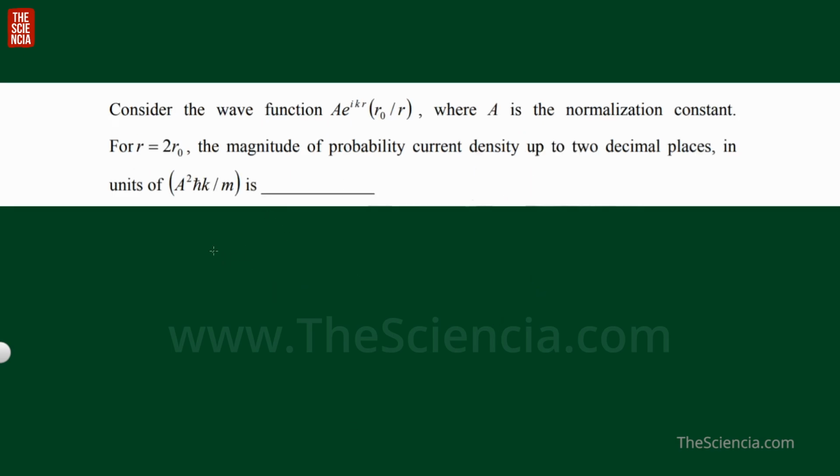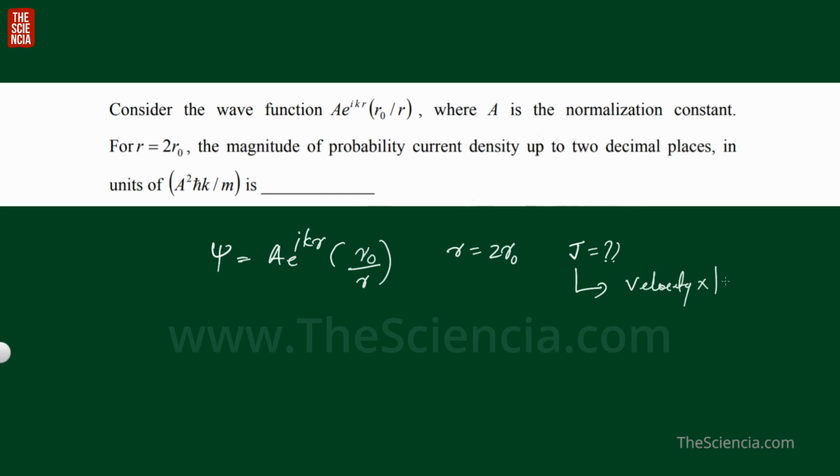Here in this question, a wave function psi is given, that is a e raised to ikr into r0 by r, where it is specified for r equal to 2r0, they are asked to find out probability current density j. What is probability current density j? We know it is equal to velocity into modulus of amplitude square, right?